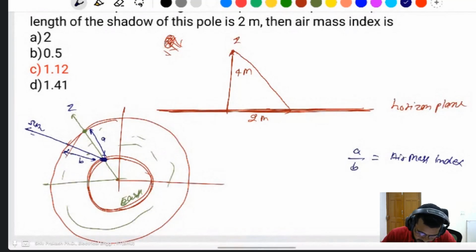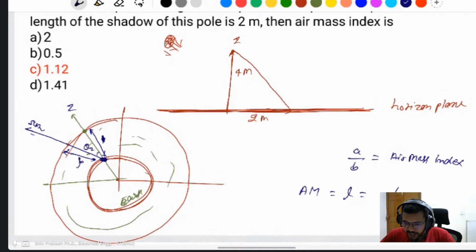Previously I said I've taken 1, then AM I will define as L by 1, sorry, AM is defined as 1 by cos of theta z. This will be theta z.